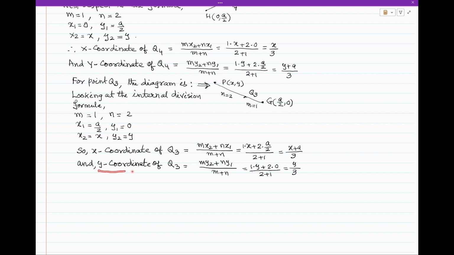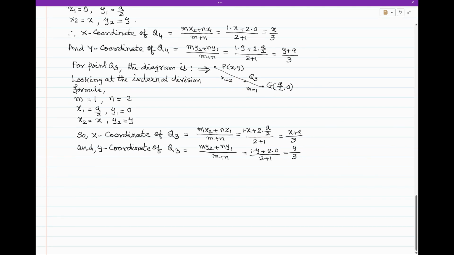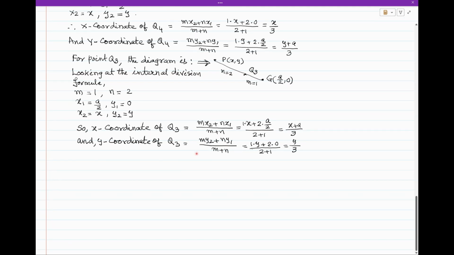And the y coordinate of Q3 is (1 times y plus 2 times 0) divided by 3, which is y by 3. So the coordinates of point Q3 are (x plus a) by 3 and y by 3 respectively.